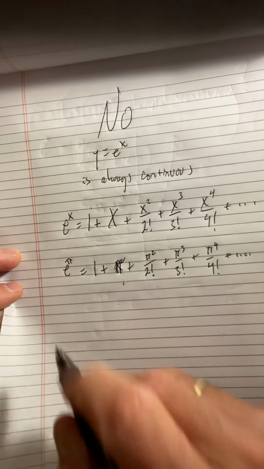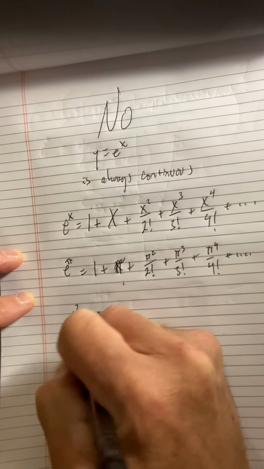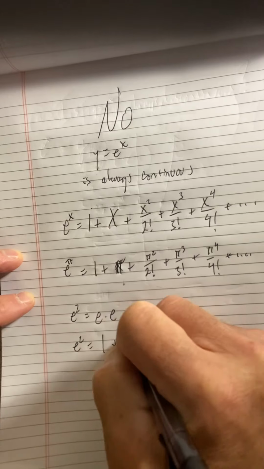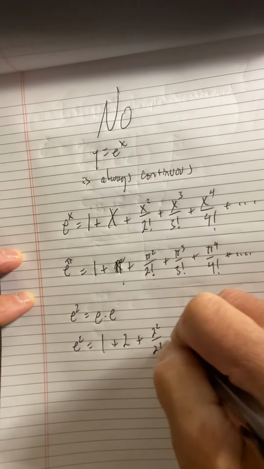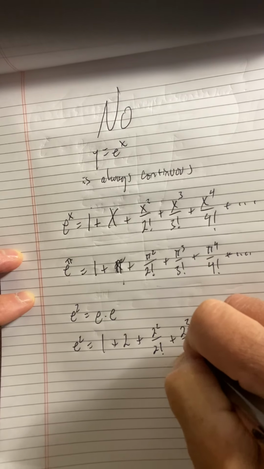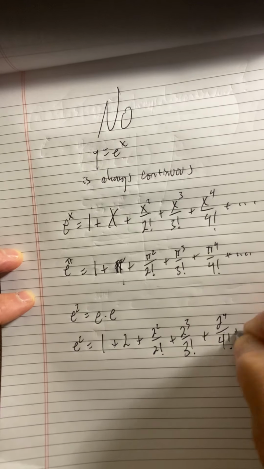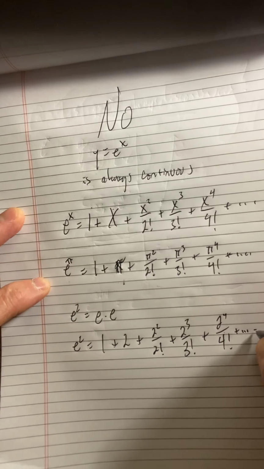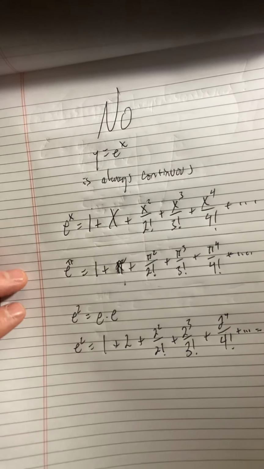It just turns out that e squared is equivalent to e times e. If you do this definition, it's 1 plus 2 plus 2 squared over 2 factorial plus 2 cubed over 3 factorial plus 2 to the 4th over 4 factorial plus on and on, and that will equal e times e, the same value. How about that?